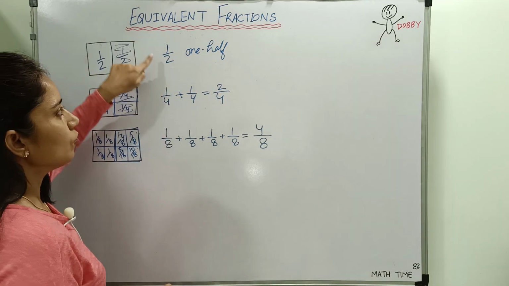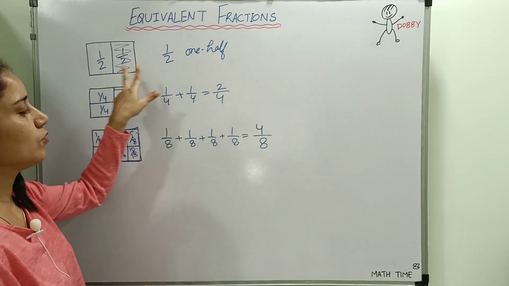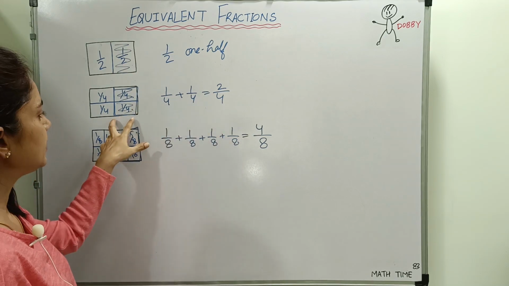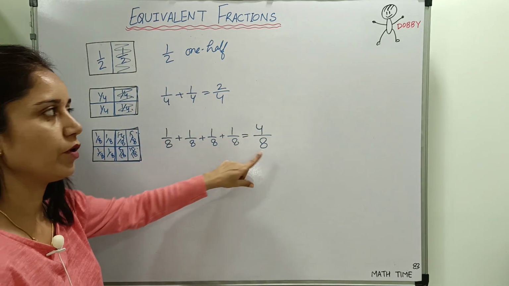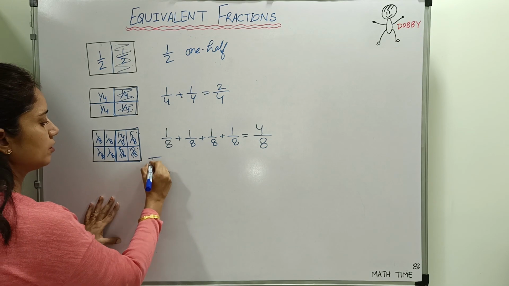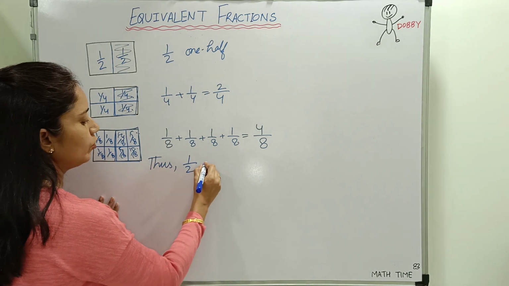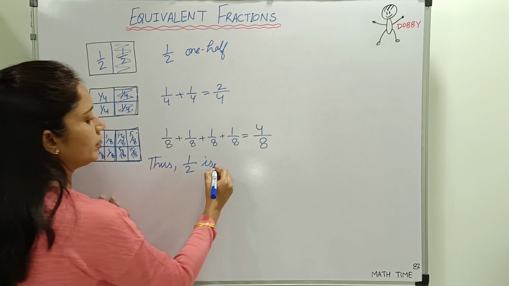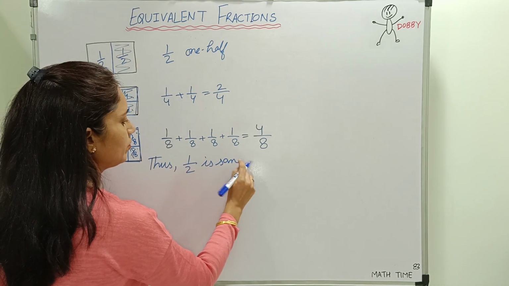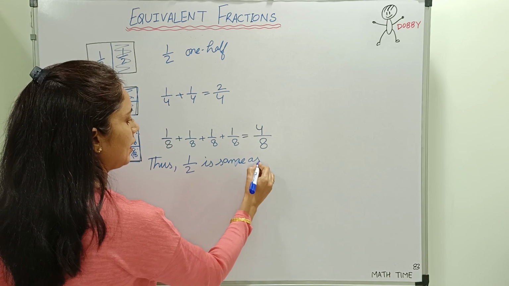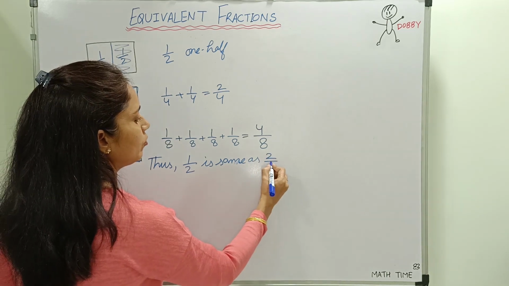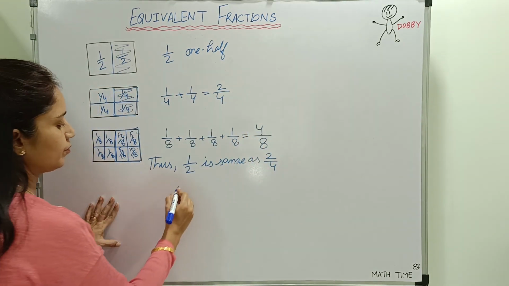So here 1/2, the same box, is equal to 2/4. This same box is further equal to 4/8. Thus, we can observe that 1/2 of the first figure is the same as 2/4 of the second figure.